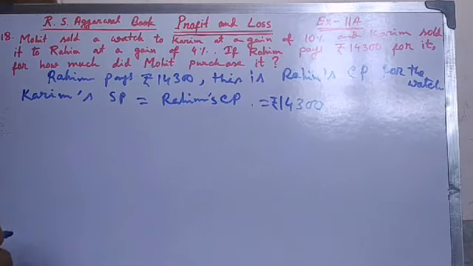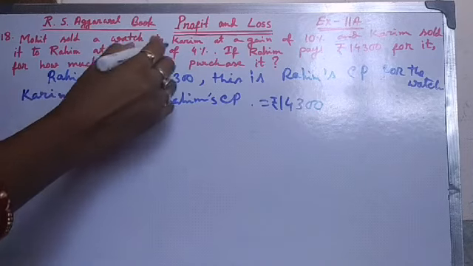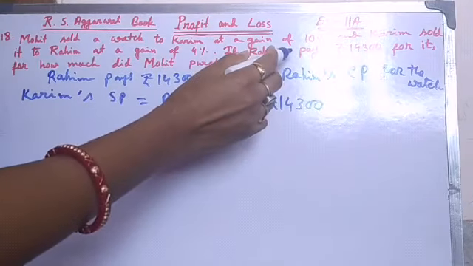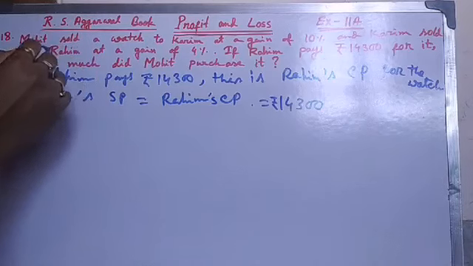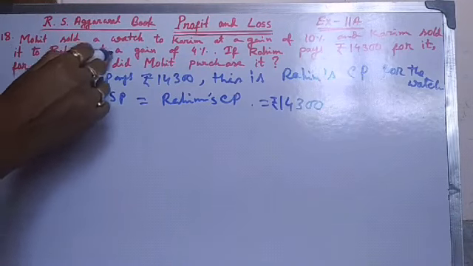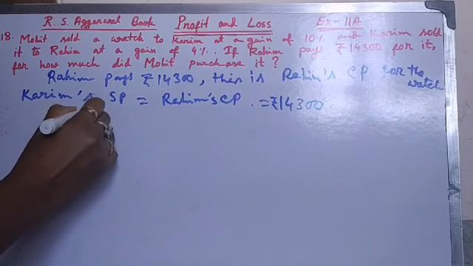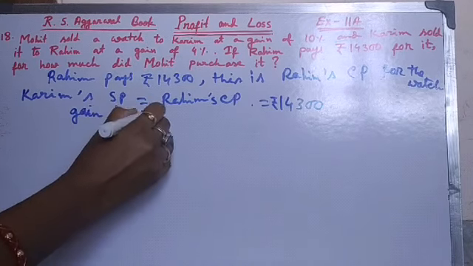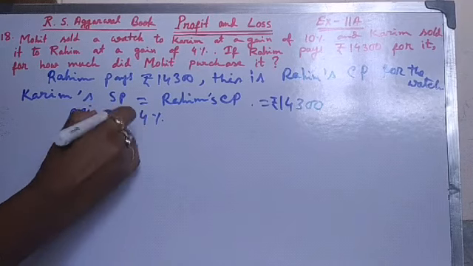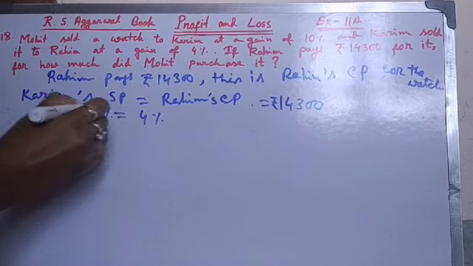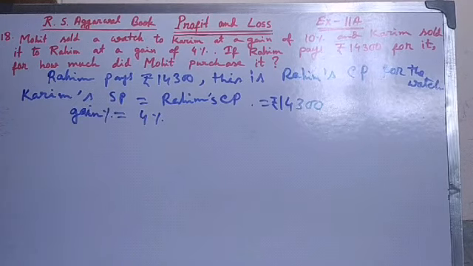So here Karim sold it to Rahim at a gain of 4%. So here gain is 4%. Gain percent equal to 4%. So by unitary method we will solve it.